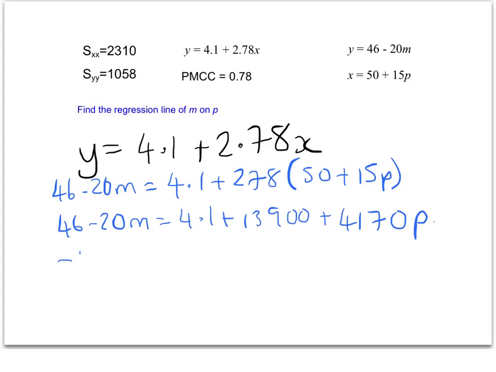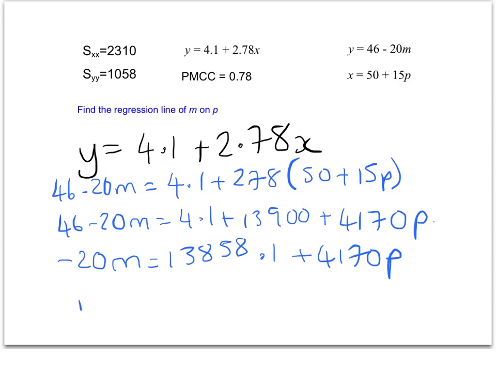Collecting all those numbers together, minus 20m is 4.1 add 13900 minus 46, 13858.1. And then on the end we've got our 4170p.